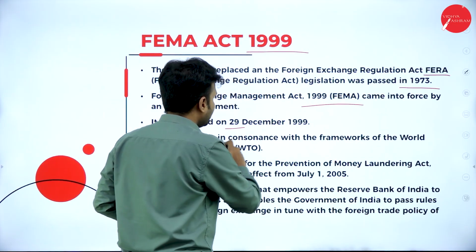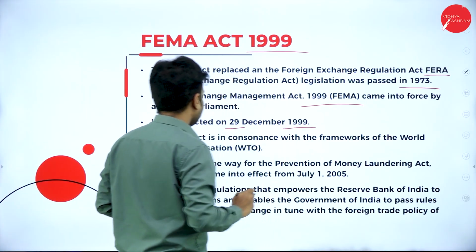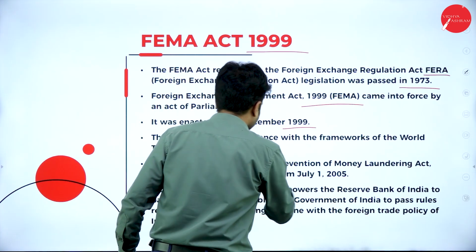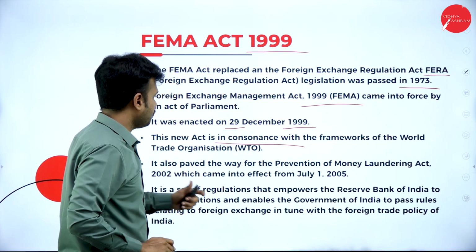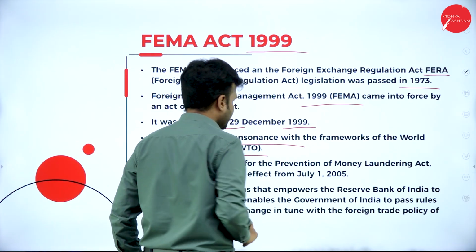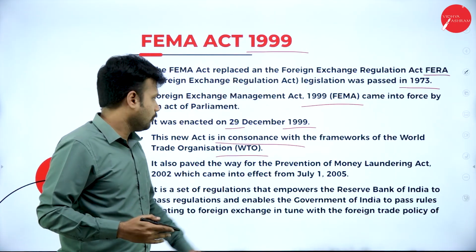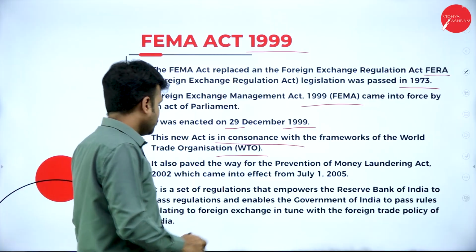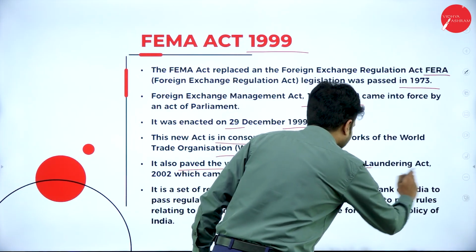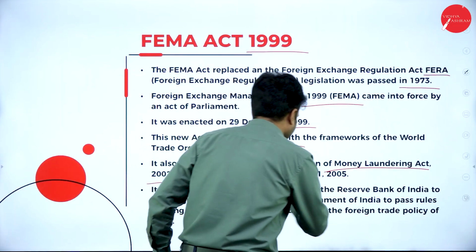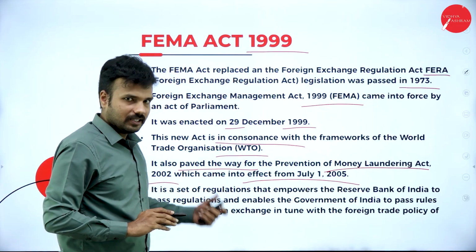On 29 December 1999, this FEMA Act came into existence. It was established with compatibility of the framework with the World Trade Organization, and it also covered the way for the Money Laundering Act 2002, which came into effect on July 1st, 2005.